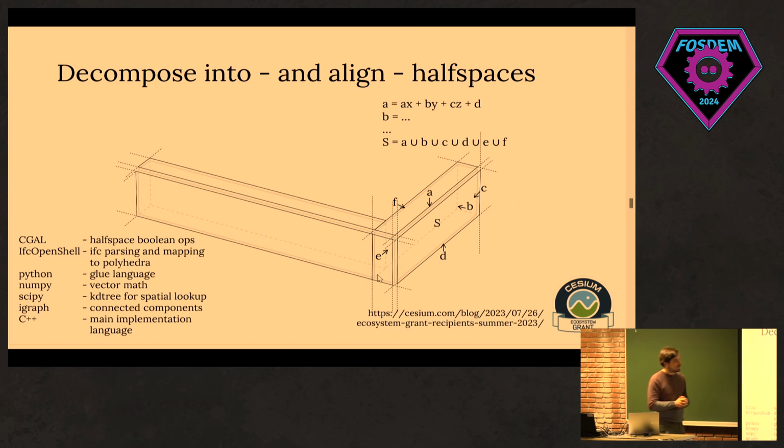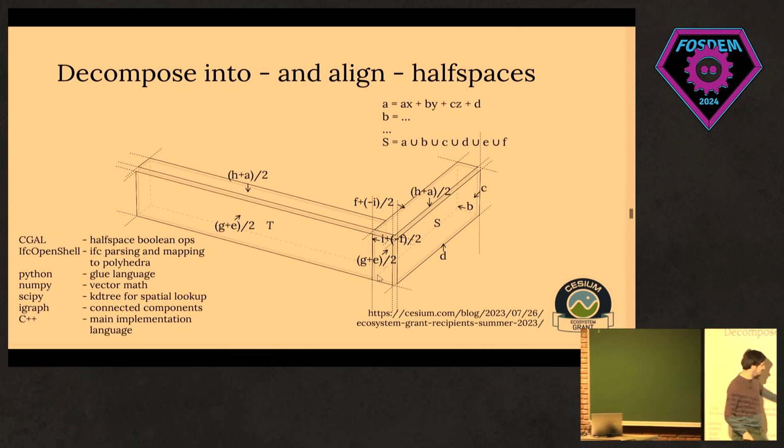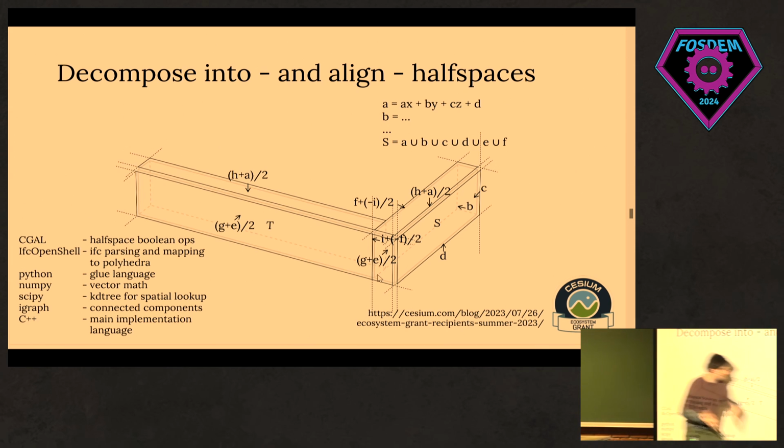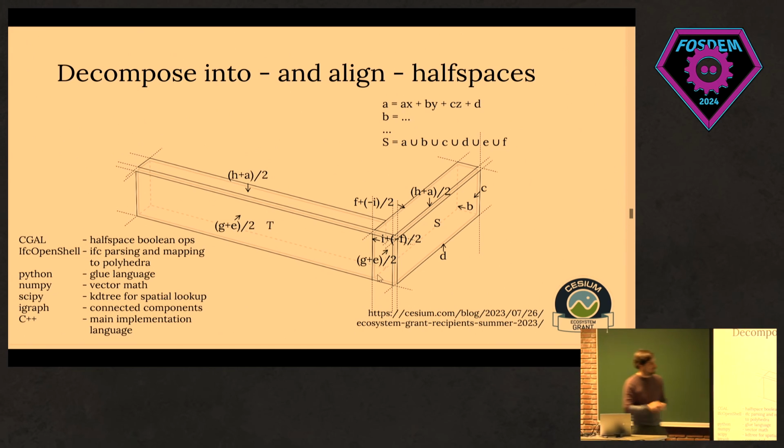What I'm doing here, for example, is decomposing these solid volumes into trees of half spaces, and then the neighboring half spaces average these out. So the two faces here, and here, of these two disjoint walls, they are merged or aligned. And same here and same here.